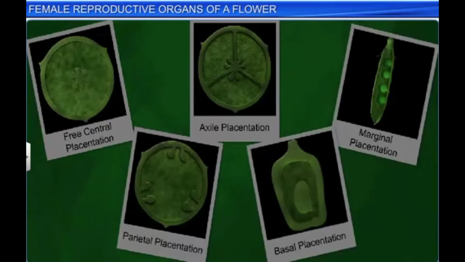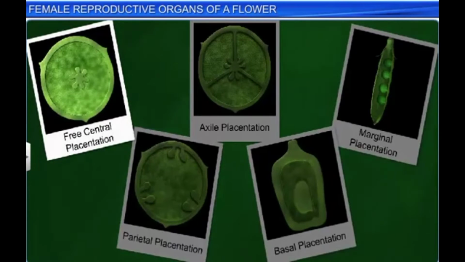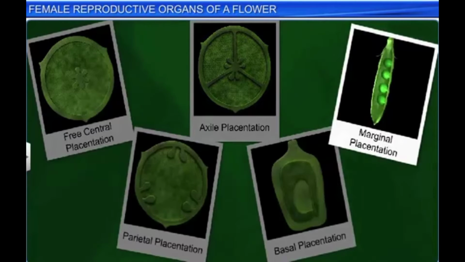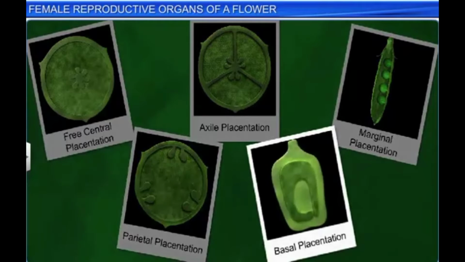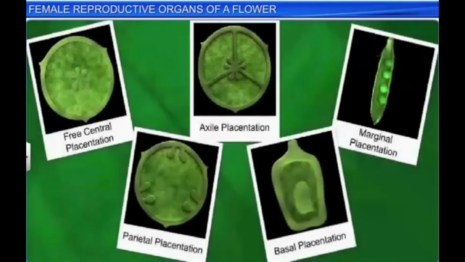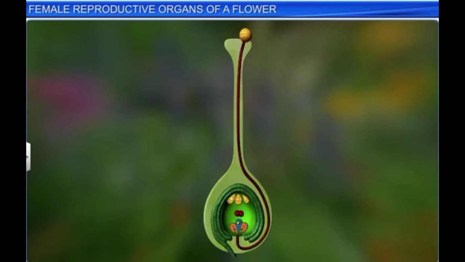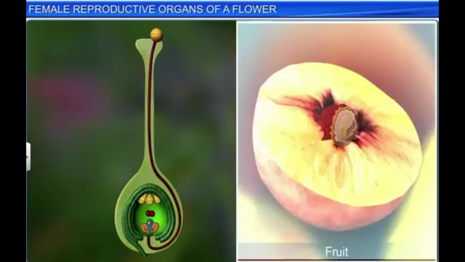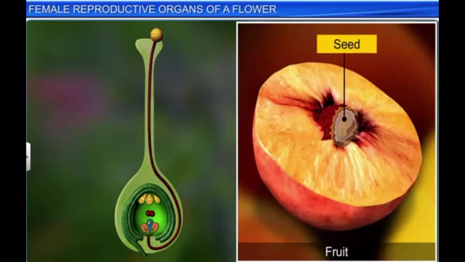These ovules may be arranged in free central, axile, marginal, parietal, or basal placentation. Moreover, after fertilization, the ovules form seeds, while the ovary develops into a fruit.